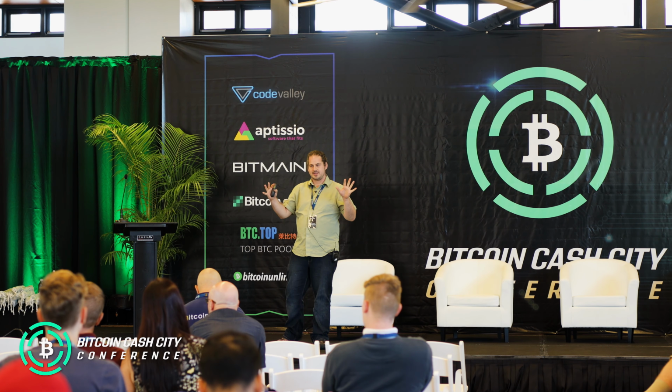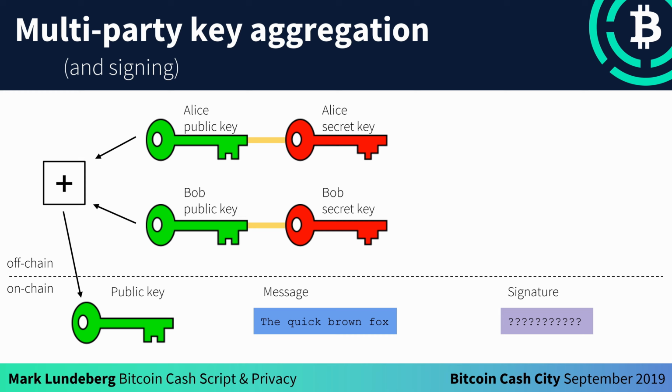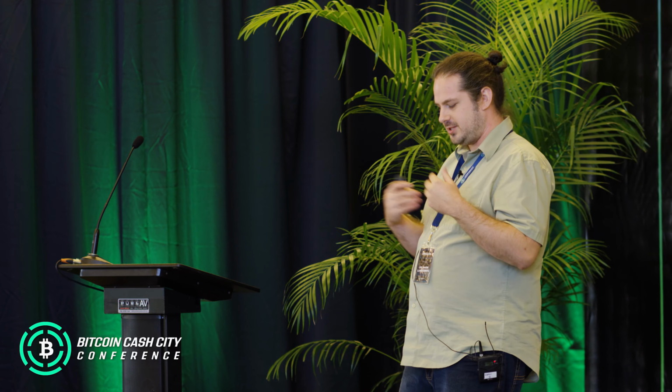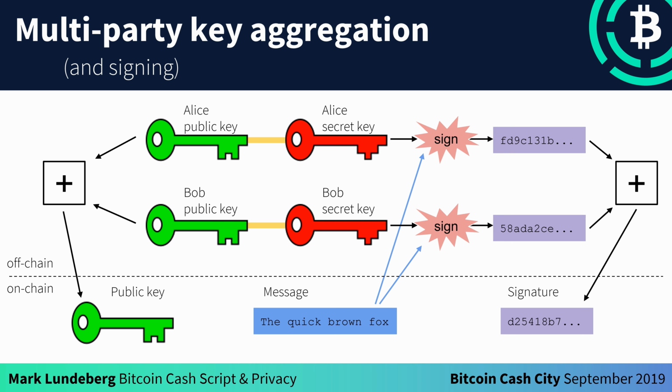But then the question is, okay, there's this public key, but how can you produce a message from that public key? How do you sign that message securely? One thing they could do is just tell each other their secret keys, and then they would sign the message together, but that's not very secure because then you've just given away your secret key. That's no good. But it turns out that you can do these operations where Alice does some signing operation, Bob does some signing operation, and again, there's some mathematical operation, pretty close to just addition.